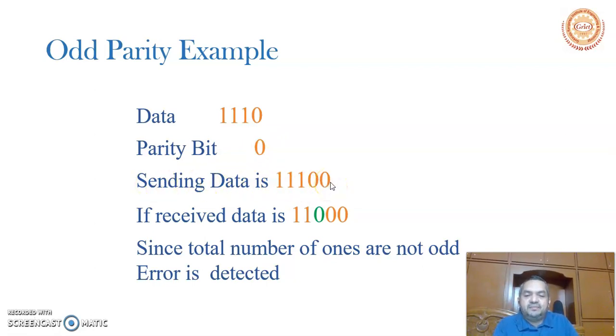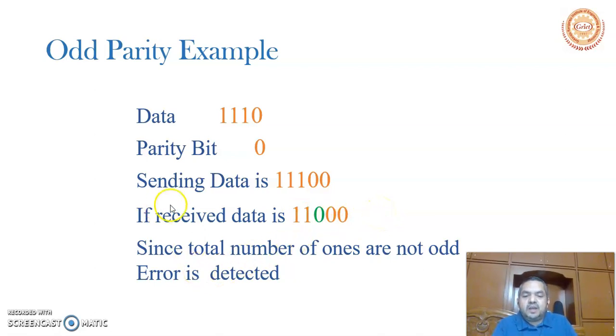LSB is the parity bit. Assume that in the middle of the transmission there is an error. If the receiver data is 11000, I have a parity checker there. The parity checker will check all 5 bits, including the parity bit, whether the total number of ones is even or odd. Here, the total number of ones is even. Because my method is the odd parity method, since the total number of ones is even, yes, there is an error.